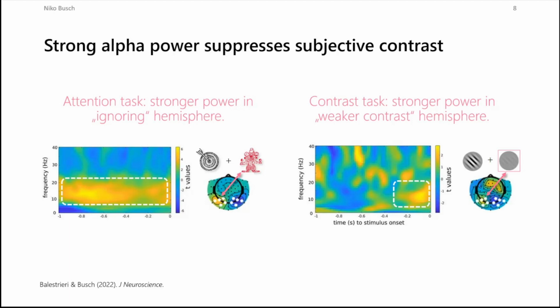This will have the effect that the stimulus that is processed in the hemisphere with more alpha power is subjectively suppressed. Or, who knows, the opposite. The stimulus processed in the hemisphere with lower alpha power is amplified. Or both. In other words, or in simple words, the distribution of alpha, the alpha lateralization, has an effect on your subjective contrast appearance of what the world looks like.